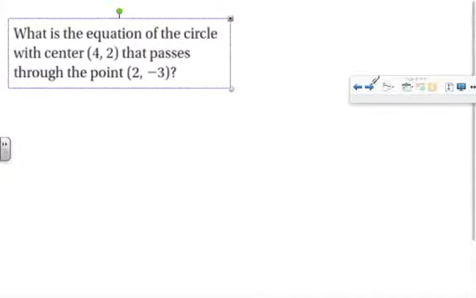Okay, so in this problem, again, in order to write the equation of a circle, you need to know the center and you need to know the radius. Well, we know the center, but we don't know the radius. But again, keep in mind where that equation of a circle came from. It comes from the distance formula. So my radius is the distance between these 2 points.